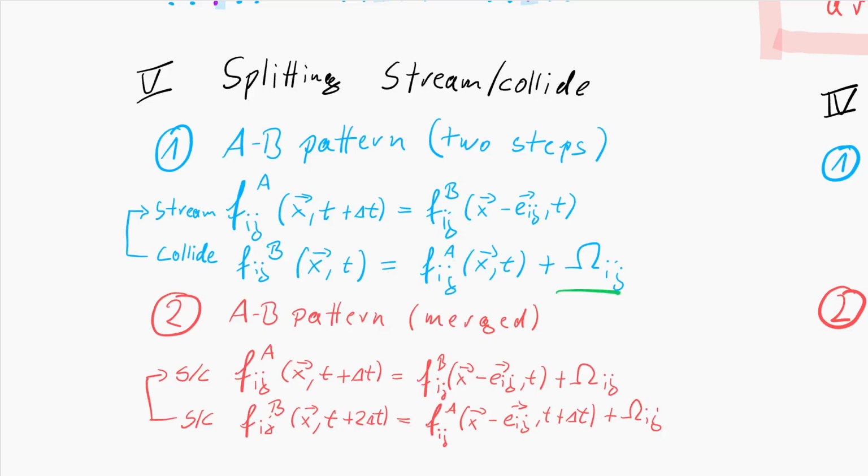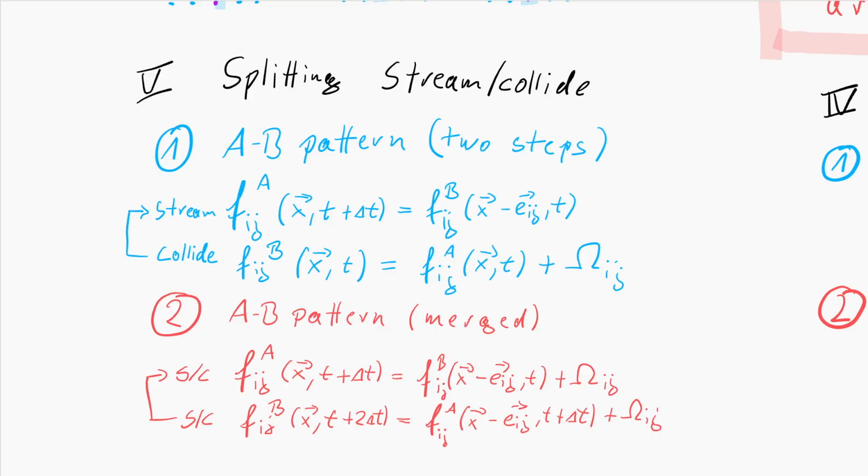You apply the collision operator and write this back to the matrix B, and after this collision you return back to the first step.